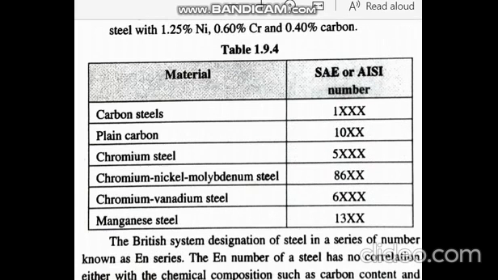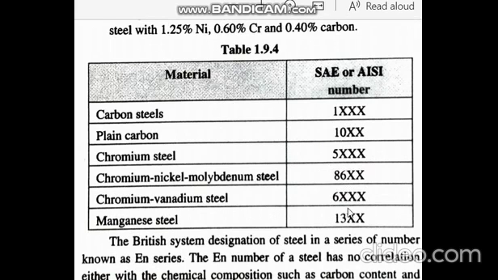Okay, so you see some of the things are given like this. Carbon steels are given with 1000 series. Plain carbon steels are given 10 series. See, with 1 it is starting means carbon steel. With 10 it is starting means it's plain carbon steels. With 5 it is starting means it is chromium steel. Chromium nickel molybdenum steel is 86.